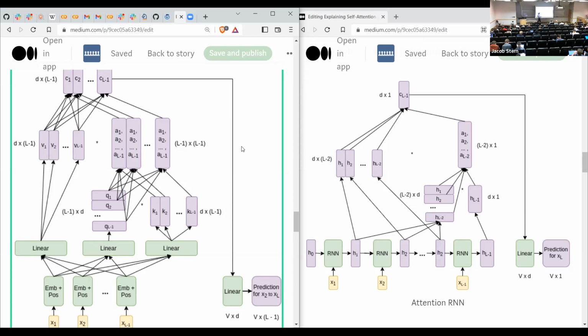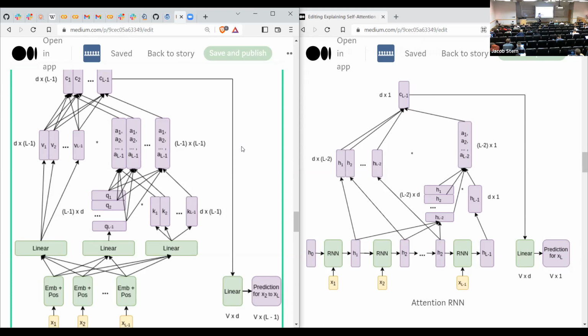So instead of just doing attention between the last hidden state and all of the others, we're doing full, what we will call self-attention, where all of the hidden states get updated based on all of the other hidden states. Here's a question for you.